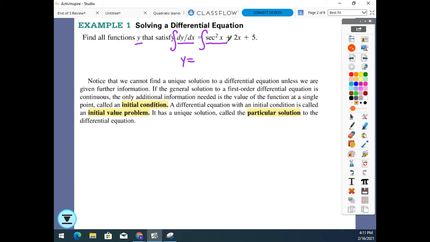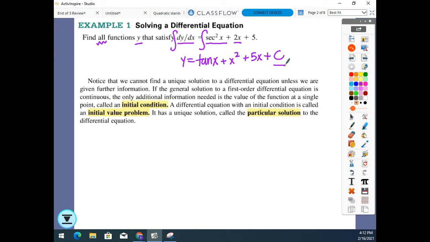Antiderivative of secant squared, think of your trig, is tan x, plus, add 1 and divide, 2x squared divided by 2 is just x squared, plus 5x plus c. So the general solution is where we use the c for any constant that could be a part of the original equation.